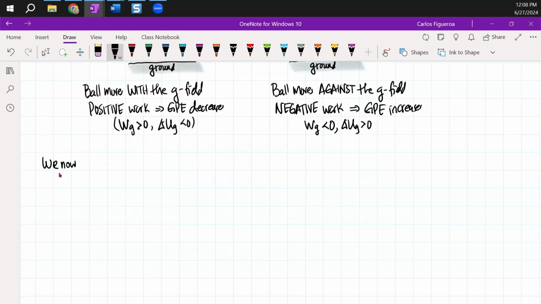We now apply this type of thinking to the work done by the electric field.